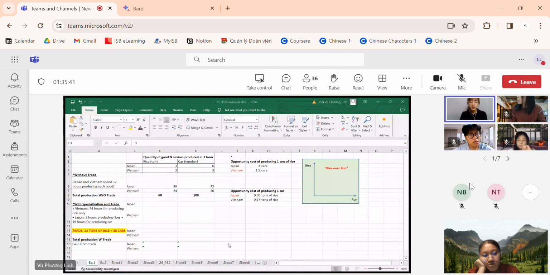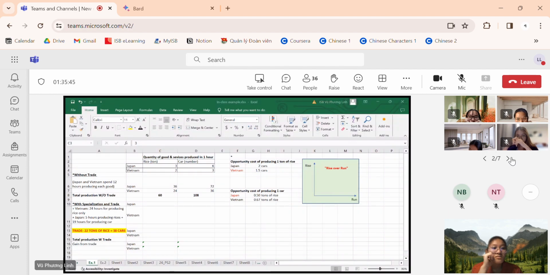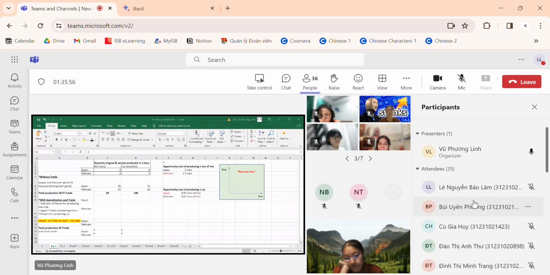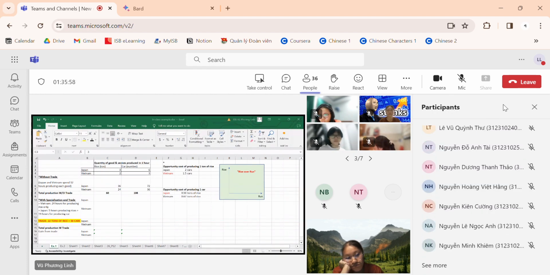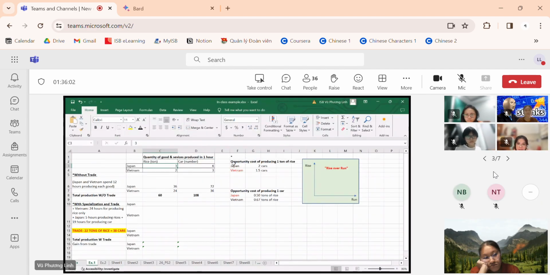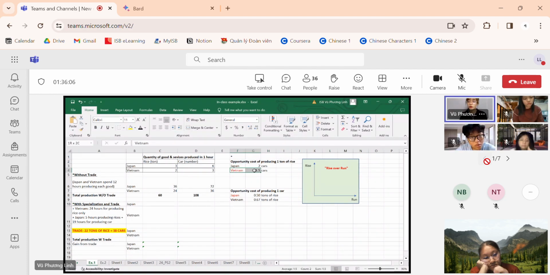Okay, see my point, right? That is a very usual mistake that I observe from students, because they don't know whether they should take 6 divided by 3 or 3 divided by 6. If you get one wrong, you can get the other wrong too. So you just need to get one correct for Japan, and then we can do it similarly for Vietnam.